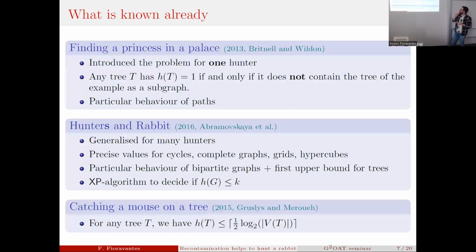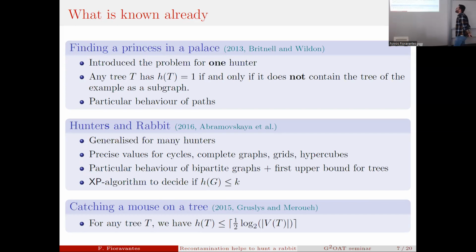Okay. Now, in general, the problem was first introduced in a paper called Finding a Princess in a Palace, which was for one hunter and one rabbit, the princess. I can explain to you later how they managed to model this.